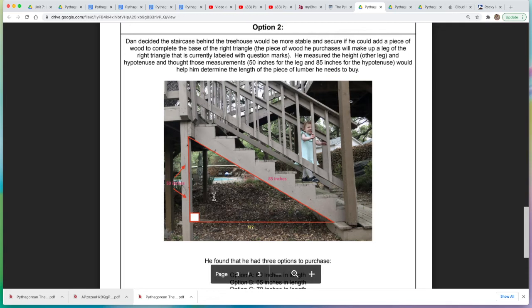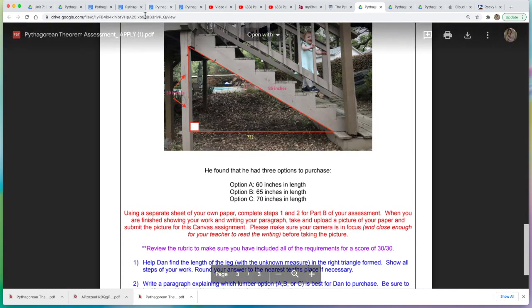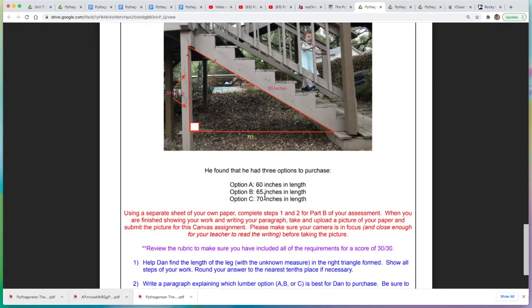He measured the height and the hypotenuse and thought those measurements, 50 inches for the height or the leg and 85 inches for the hypotenuse, would help him determine the length of lumber he needed to buy. And his options for this one are A, 60 inches, B, 65, and C, 70.